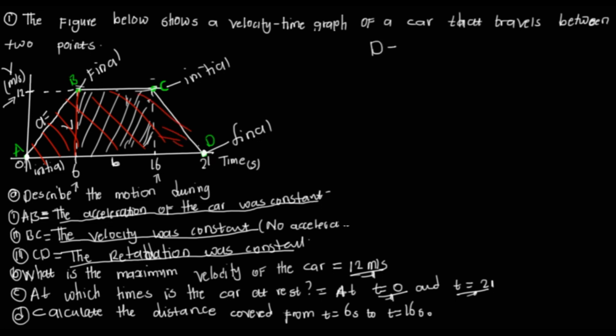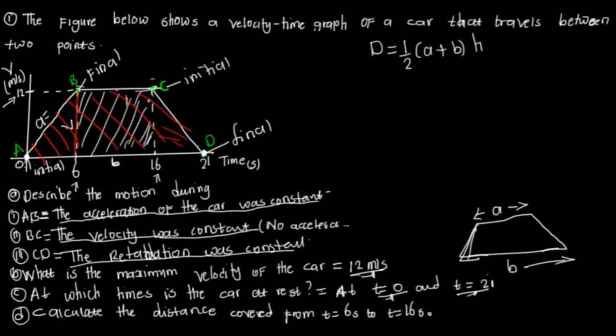So the trapezium has the formula half (a plus b) times h. The shape of the trapezium is like this. The smaller upper part is the distance a. Then the lower part, the longest one, is our b. Then the vertical line here is our height.